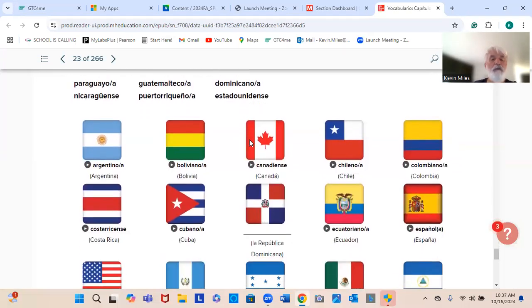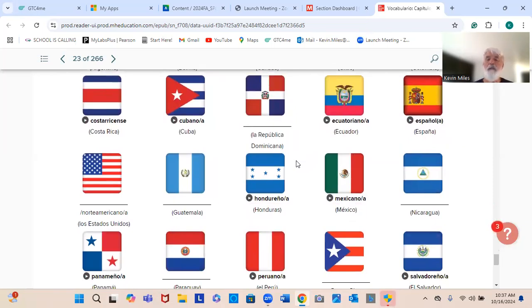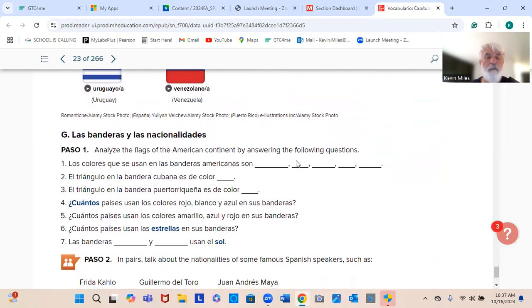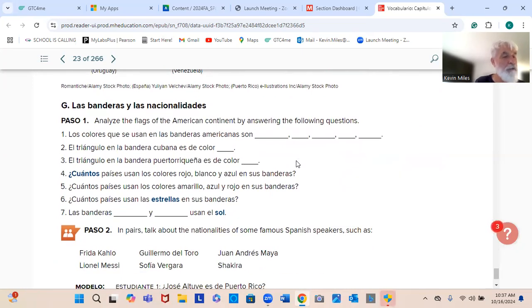Okay, so they're giving us just different nationalities, like the Argentine flag would be La Bandera Argentina, the Bolivian La Bandera Boliviana, La Bandera Canadian would be La Bandera Canadiense, etc., etc. Take a look at this a little bit, and make sure you know the colors and you could talk about the color of a flag from a different country. Okay, and that you might know or recognize a few países or countries. There's not a whole lot of testing on this. Okay.